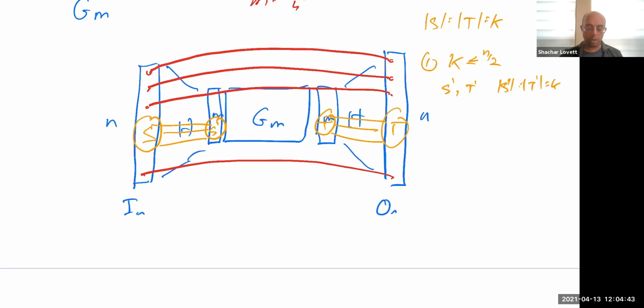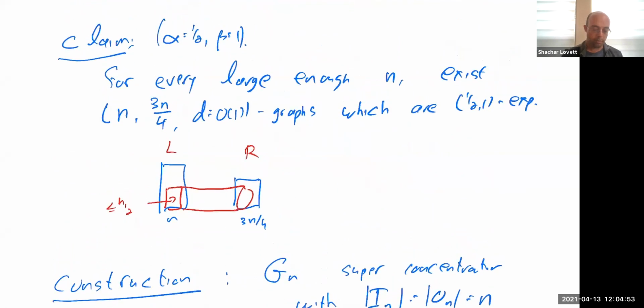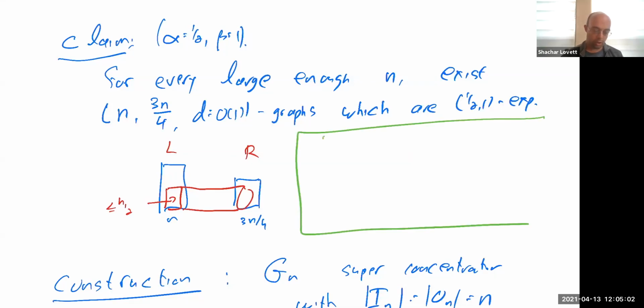Maybe now is a good time to ask: why is there a matching between S and S prime, and T and T prime? Let me take one step back and go back to this half-1 property. Maybe I'll use a different color, green. So let H be a half-1 expander.